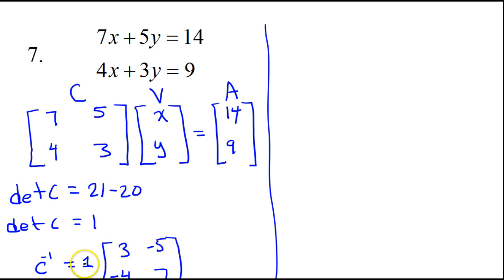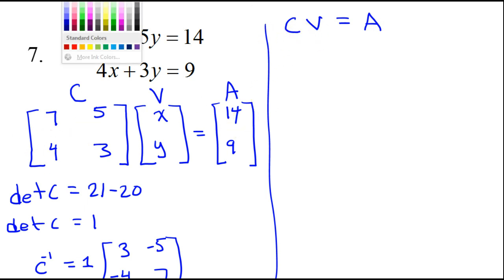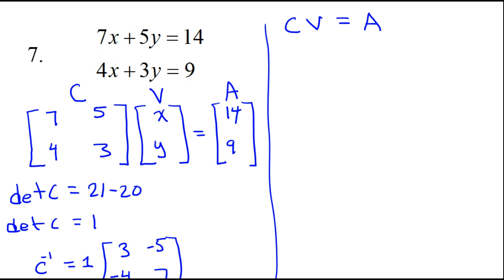Now that I have found the inverse of matrix C, I can go ahead and solve this matrix equation. Now what we started out with was the matrix equation C times V is equal to A. Alright, that's what you see right here. Now, if I were to multiply both sides of the equation by the inverse of matrix C, like this, these together make the identity matrix, and multiplying by the identity matrix doesn't change anything.